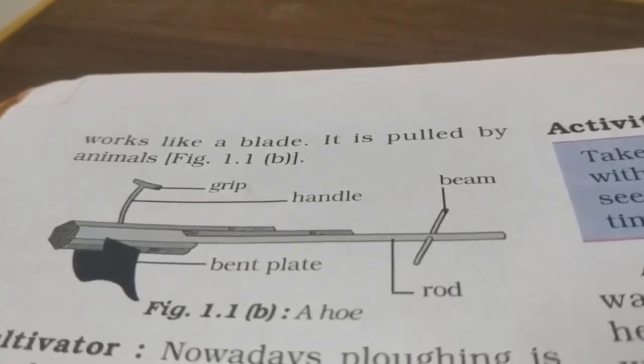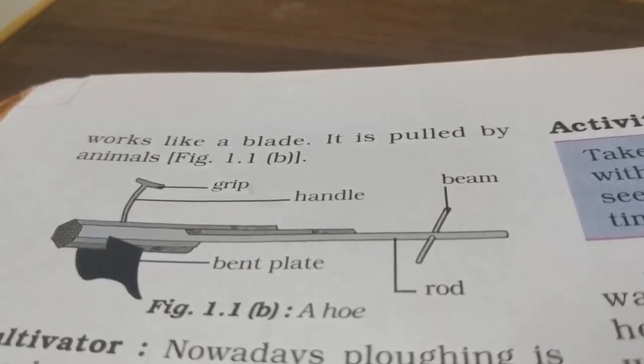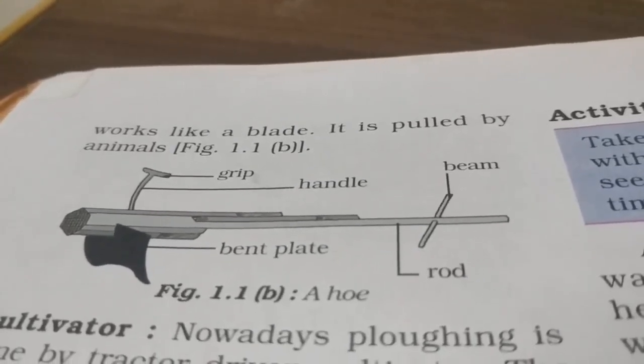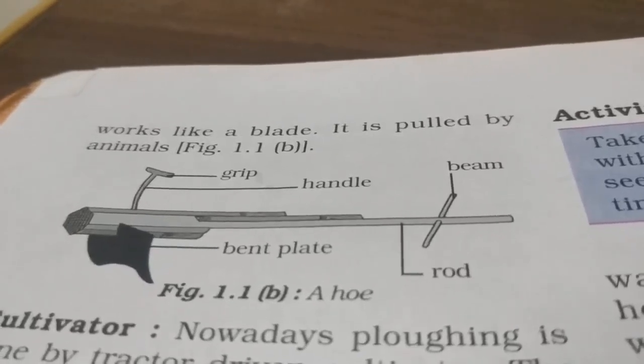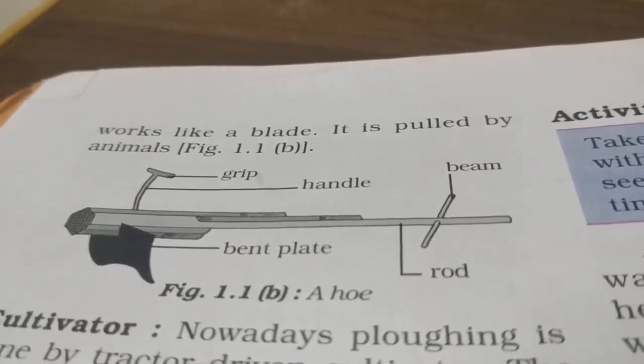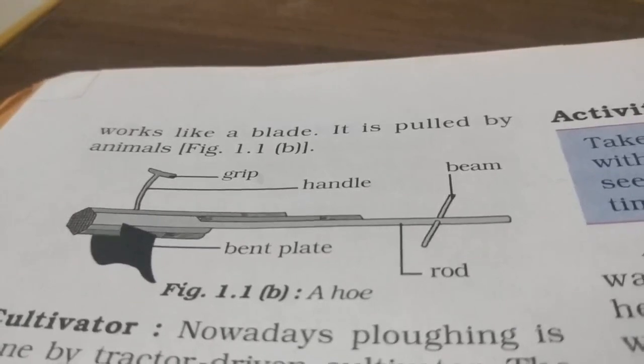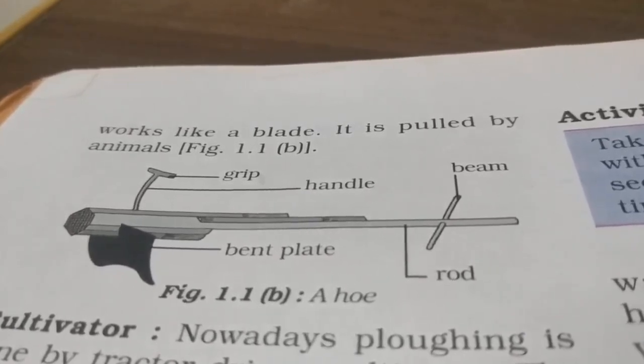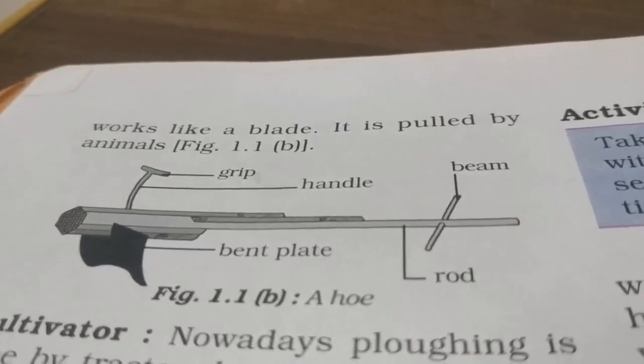This hoe is also pulled with the help of animals. So you can see the figure of hoe. It contains a bent plate, which acts like a blade, and you can see the handle, grip, beam and a long rod. These are the parts of the hoe.